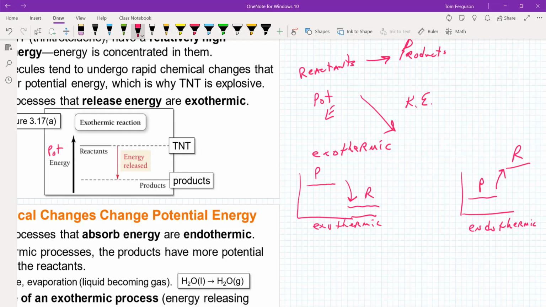Exo, thinking of exits. Endo, they're coming into the reaction. Kinetic energy is required for the conversion to potential energy. So it gets cold. So if you have a cold pack and you break it, it gets cold. So that was an example of an endothermic reaction. Heat packs, you break it and it gets hot. So an exothermic reaction.